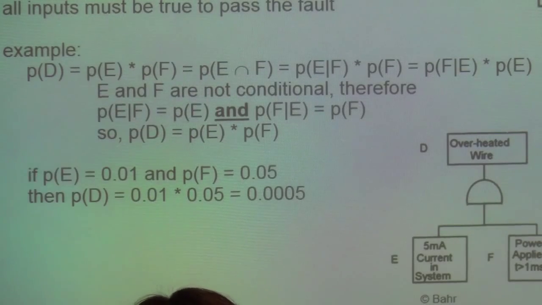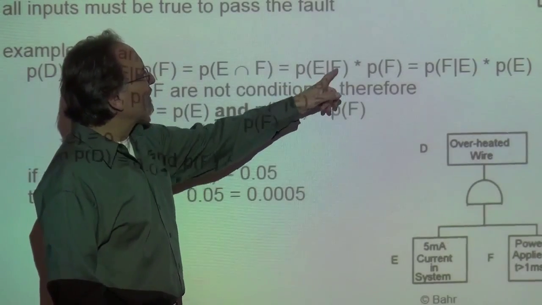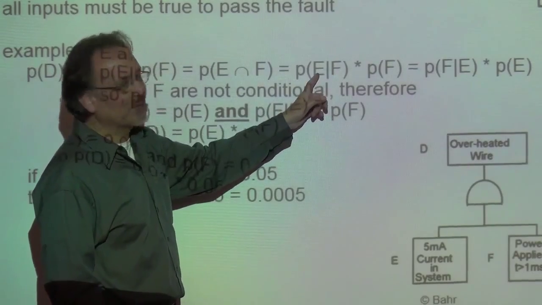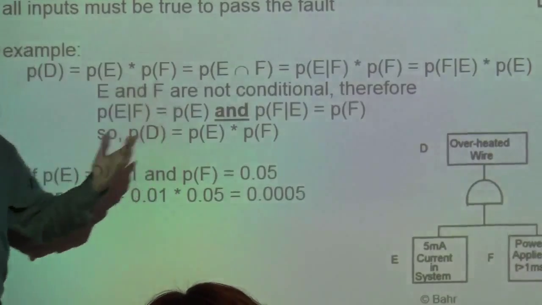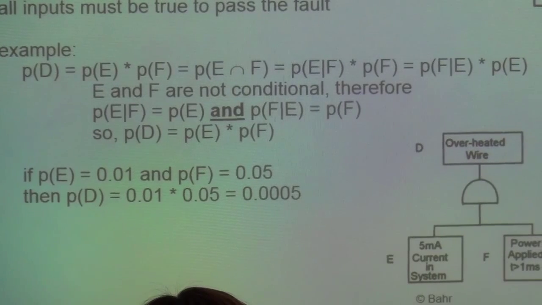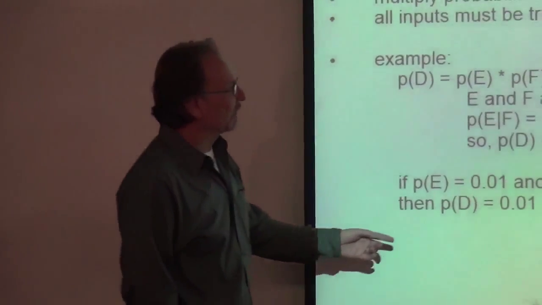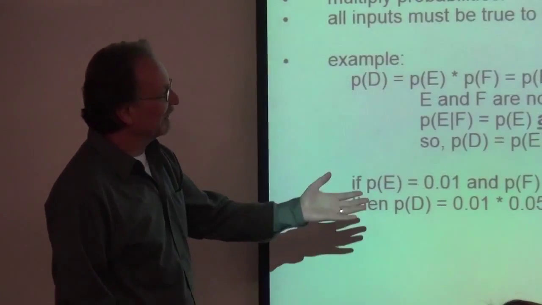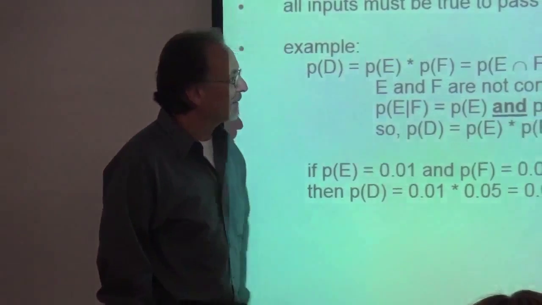And so, if they are not conditional, that means that E given F is the same as E, and F given E is the same as F, because they don't intersect. So that means that this will always reduce to E times F. So I just take each one of those probabilities, and the probability of an overheated wire is simply the probability of E times the probability of F, and that is that very low probability of that fault occurring.